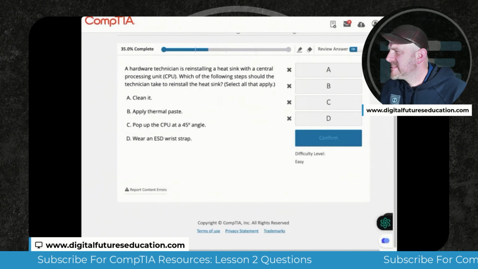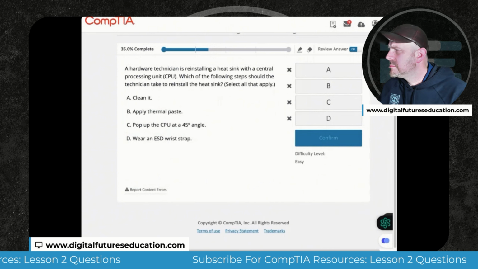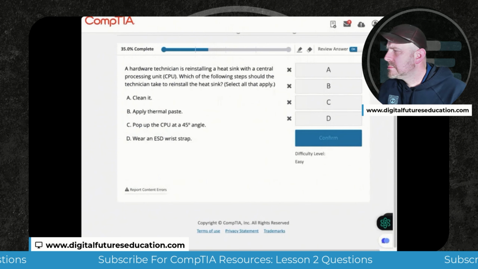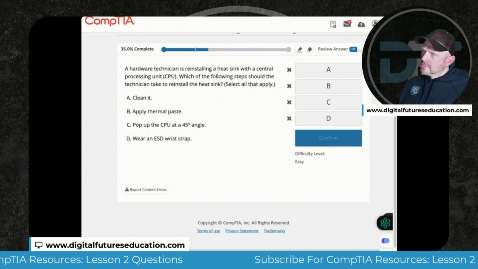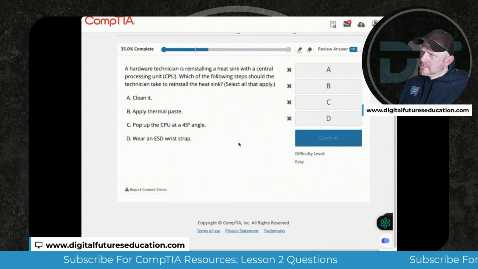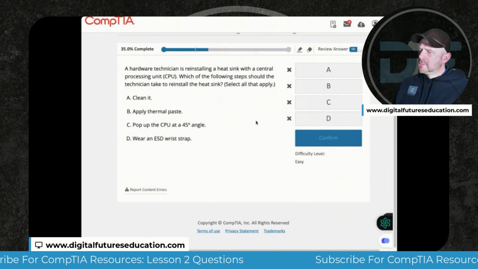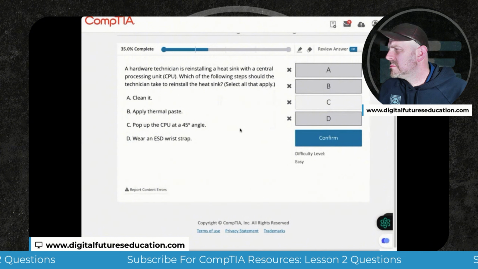A hardware technician is reinstalling a heat sink with a central processing unit. Which of the following steps should the technician take to reinstall the heat sink? Select all that apply. Wear an ESD strap. Oh, it's all that apply, so it's more than one. A, B, D: clean it, apply thermal paste.